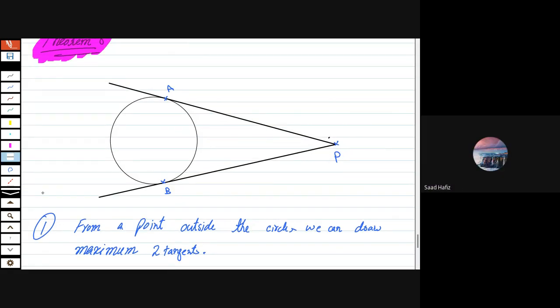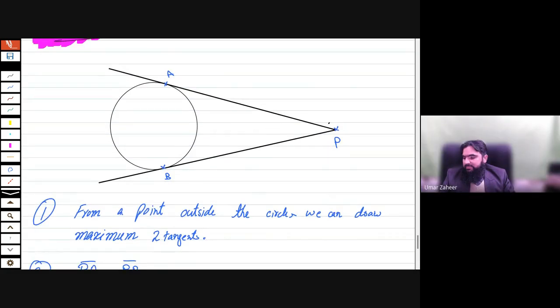No, sir. Okay, the second one again. First of all, we can make a maximum of two tangents. The property is that these tangents are equal, meaning PA is equal to PB.